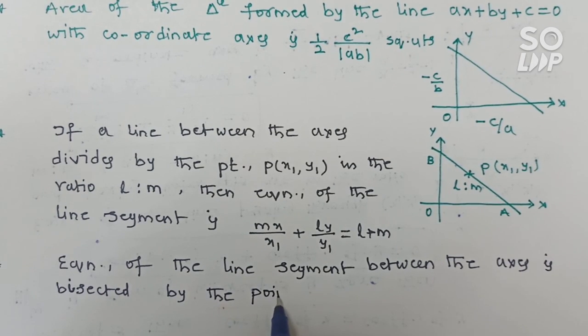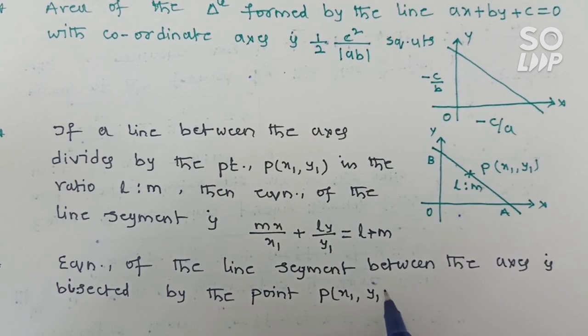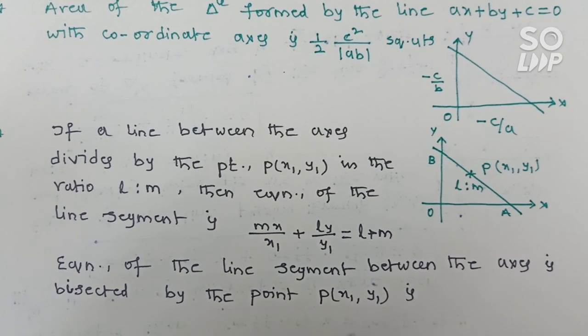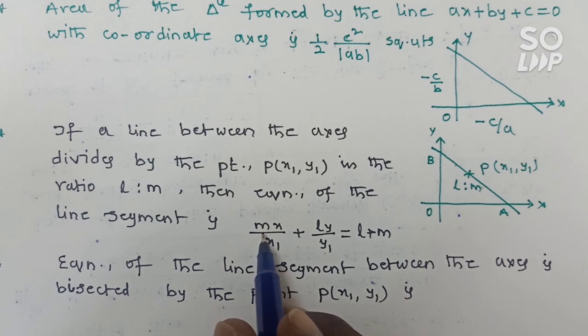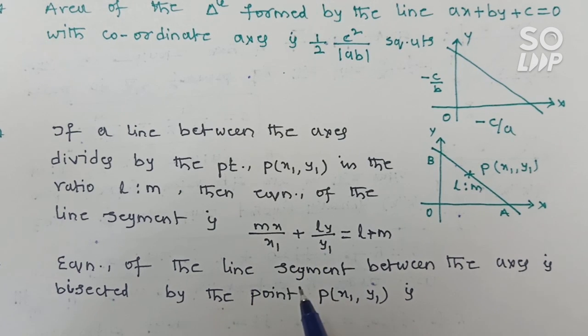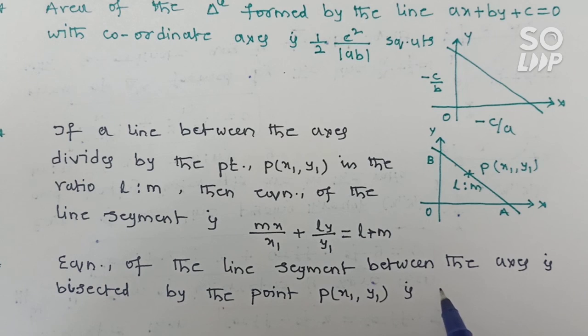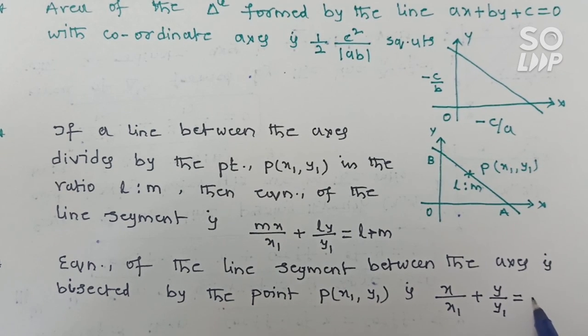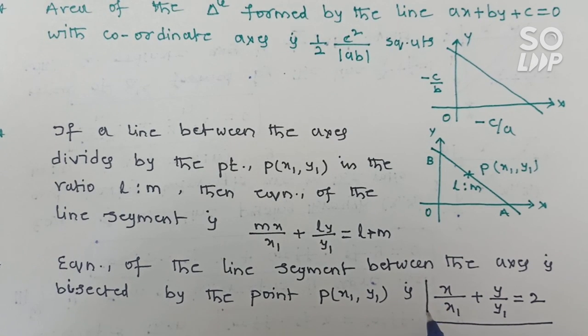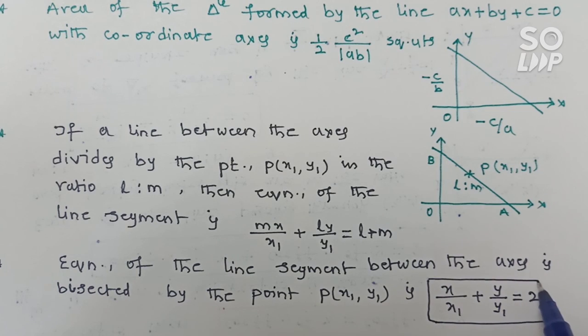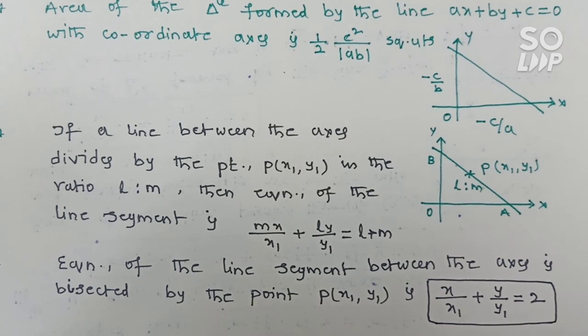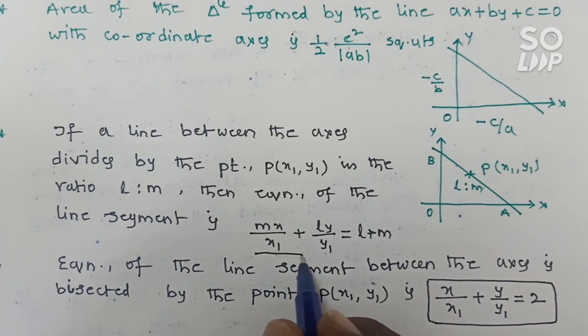What is that equation? Now you substitute L is equal to 1 and M is equal to 1 in this formula. Then the formula will be x by x1 plus y by y1 is equal to 2. So this is the required equation of the line between the coordinate axis bisected by the point P is equal to x1 comma y1, right?